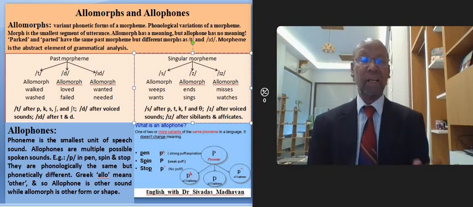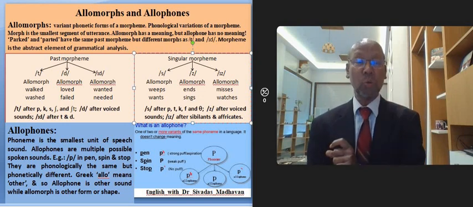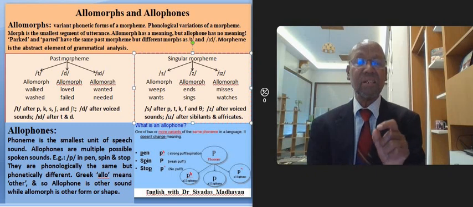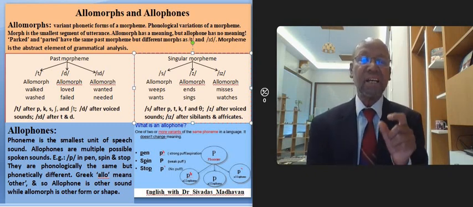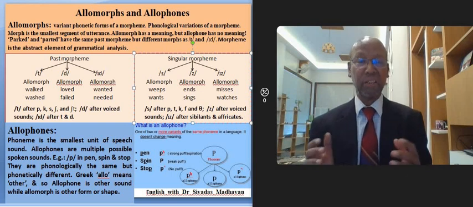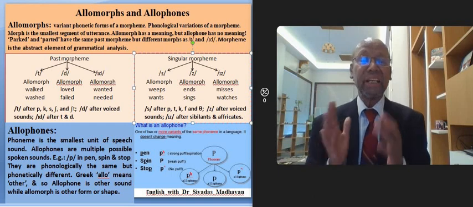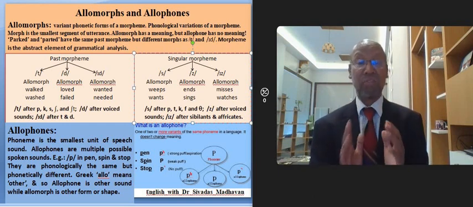For example, the sound t or the morph t will be used after sounds like p, s, k, sh, etc. That means allomorphs are phonologically conditioned morphs.